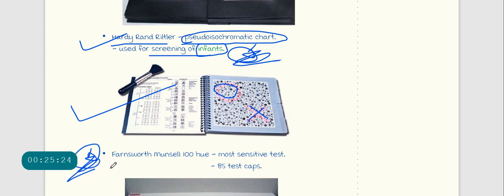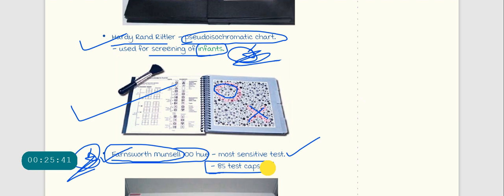This is the most sensitive test used nowadays, and it has 85 test caps. There is another one, Farnsworth Munsell 15 hue, and it has 15 test caps.